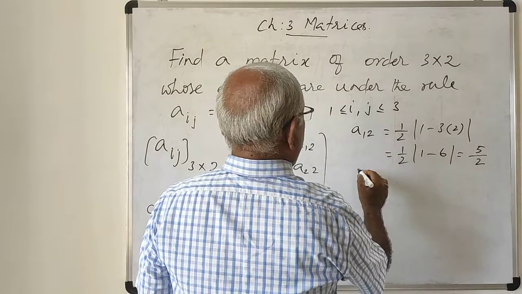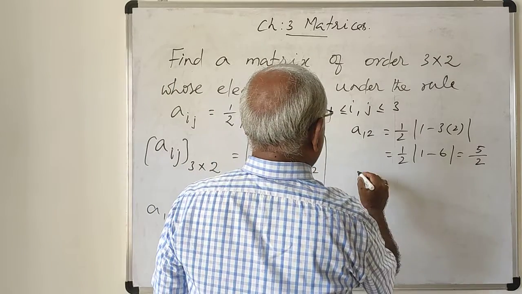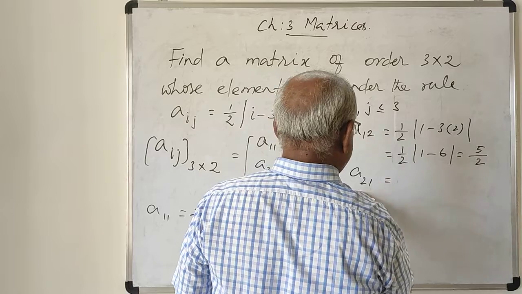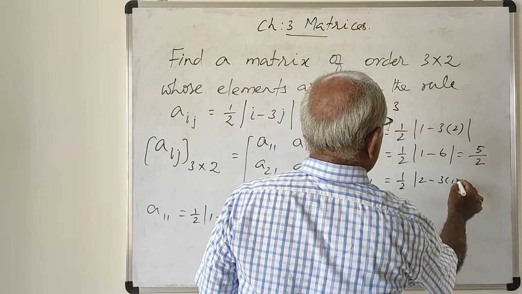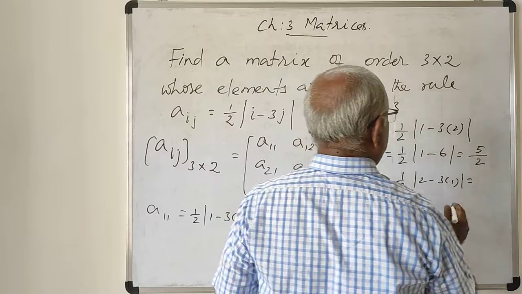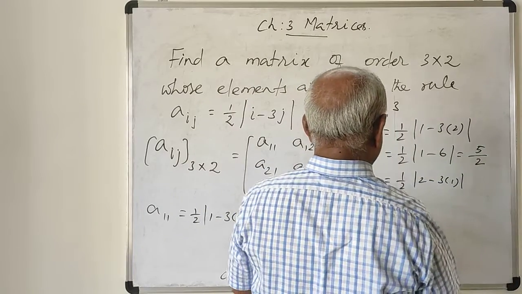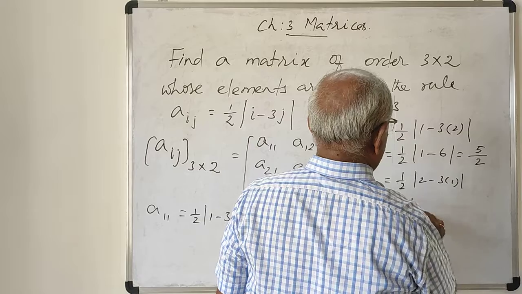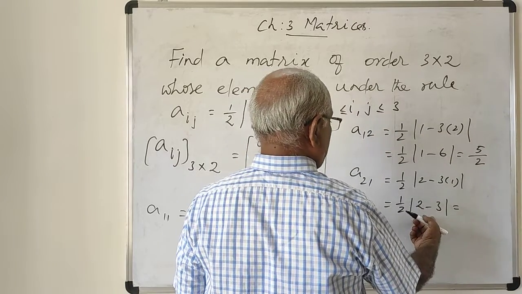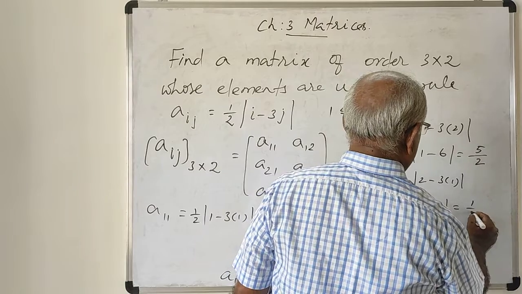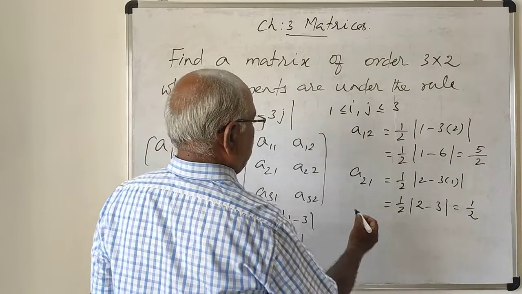Next one, A21, second row first column, i is 2, j is 1, that is 1 by 2 into mod of 2 minus 3. 2 minus 3 is minus 1, mod of minus 1 is 1, so A21 is 1 by 2.